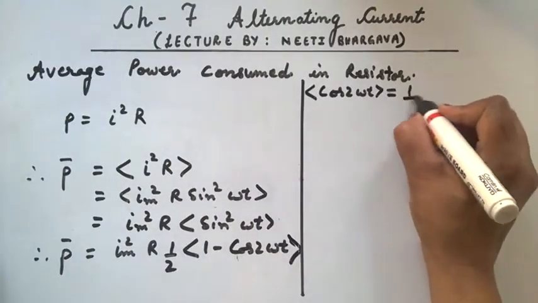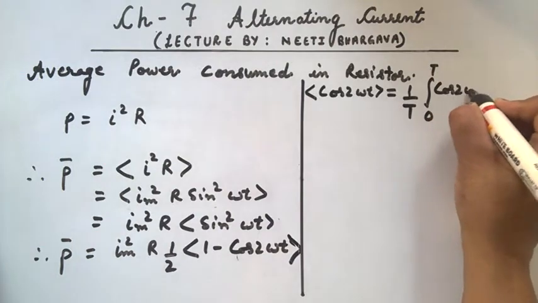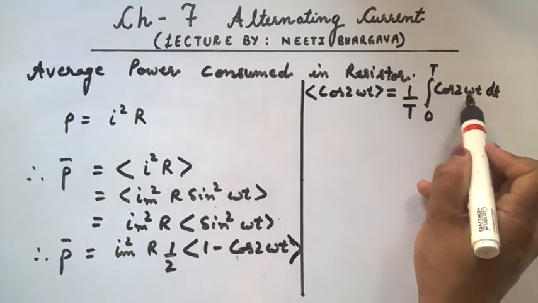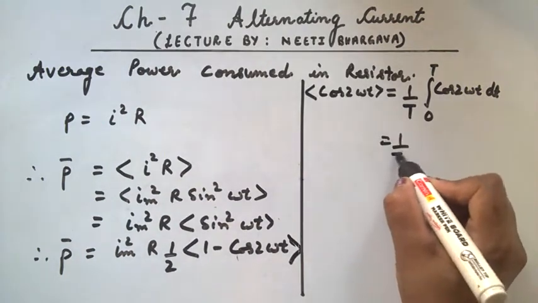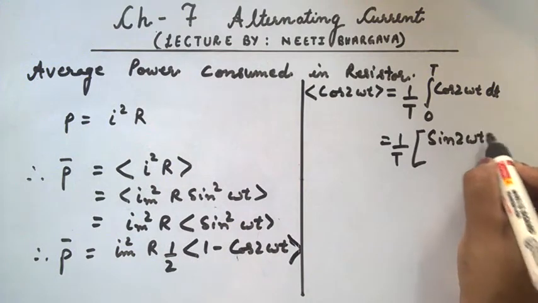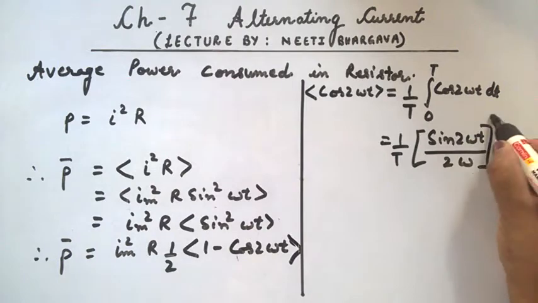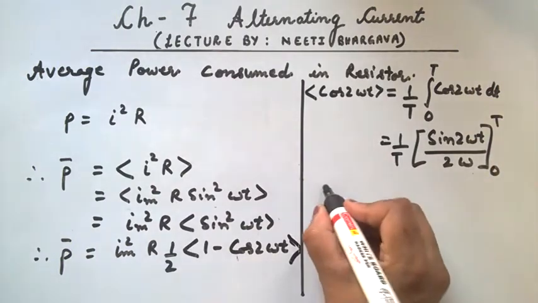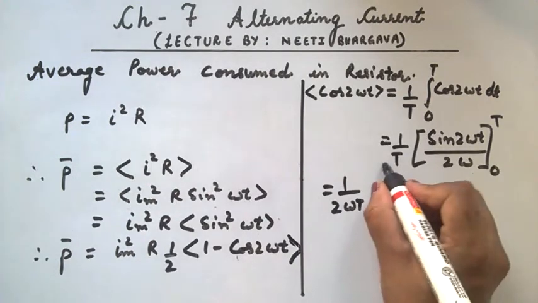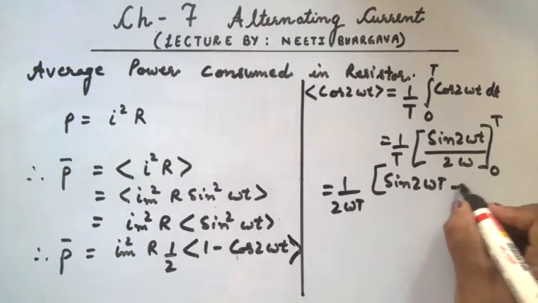It is equal to 1 upon T integration 0 to T cos 2 omega t dt, and integration of cos 2 omega t is equal to sin 2 omega t upon 2 omega, limits 0 to T. Now we can write 1 upon 2 omega T into sin 2 omega capital T minus sin 0.